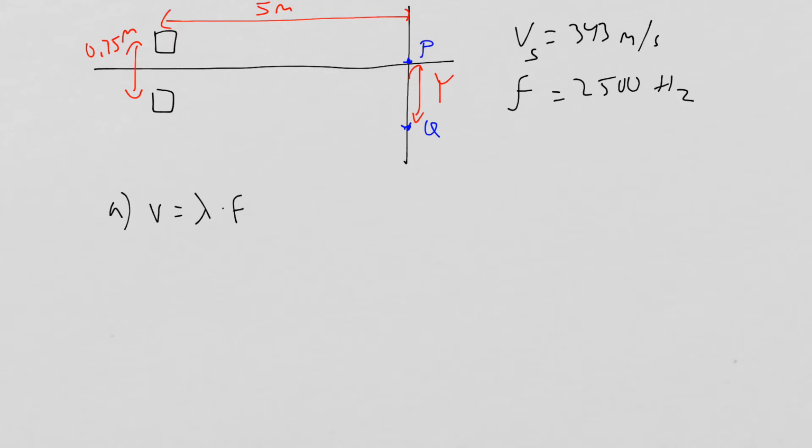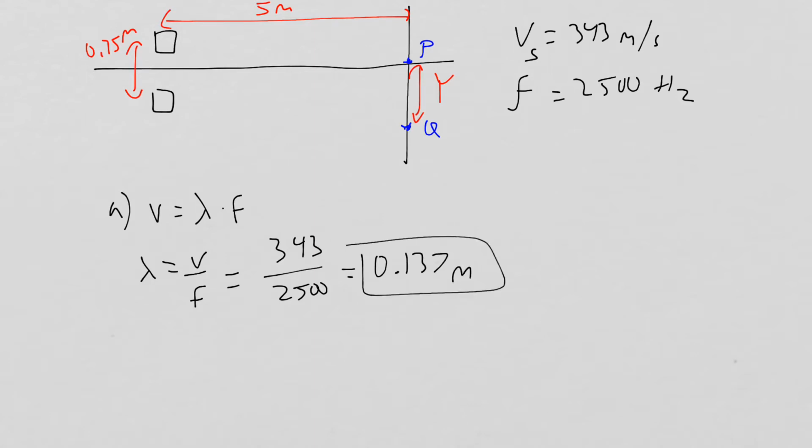So we use that relationship and solve for the wavelength: 343 over 2500. If you plug that in, you get 0.137 meters. Since the velocity is in meters per second, the wavelength will be in meters.